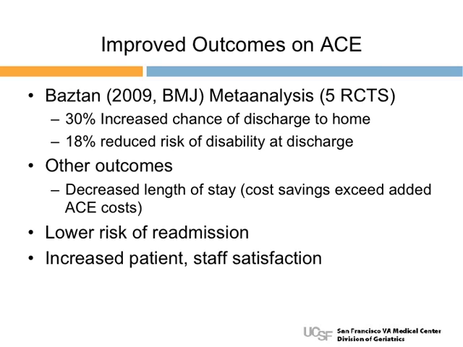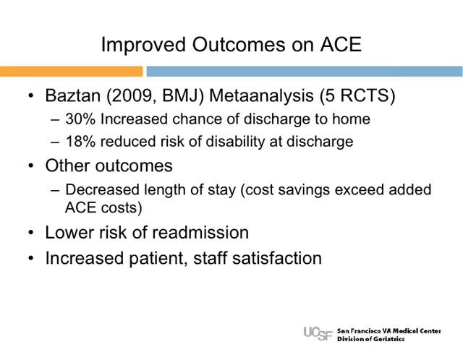ACE units collectively increase the chance of discharge to home by 30% and reduce the risk of disability at discharge by 18%. Other outcomes included decreased length of stay, and the cost of the ACE unit was made up by the improvement in length of stay. There was a lower risk of readmission, and patients, physicians, and nurses who worked on ACE units all seemed happier than those who worked on traditional units.